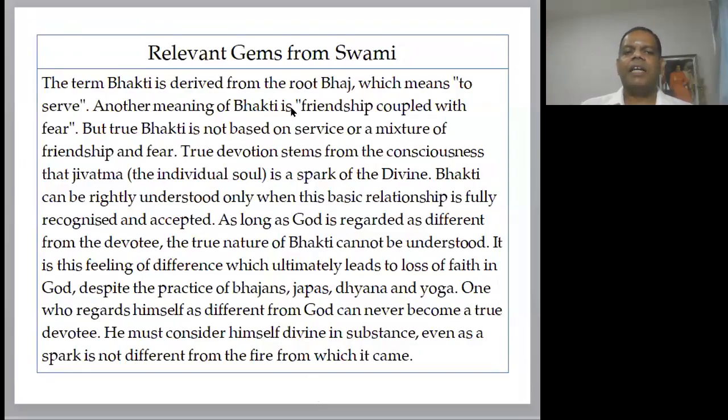The term bhakti is derived from the root bhaj, which means to serve. Another meaning of bhaj is friendship coupled with fear. But true bhakti is not based on service or a mixture of friendship and fear. True devotion stems from the consciousness that Jivatma, the individual soul, is a spark of the divine.